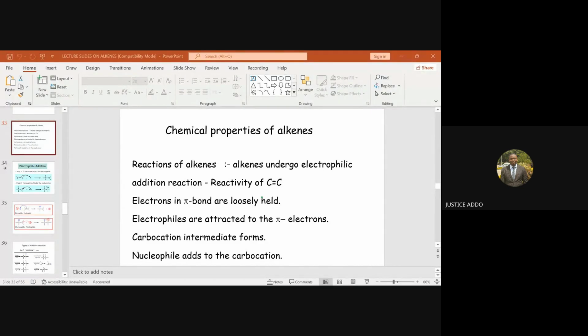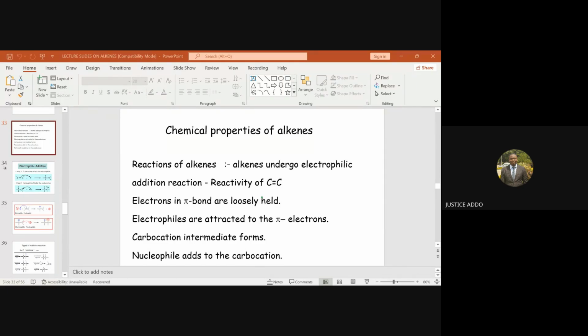So for alkenes, the typical reaction that alkenes undergo is electrophilic addition reaction. When we say electrophilic, from the word electrophile, that is a species that is electron deficient, it can be added to an alkene because the alkenes themselves are nucleophilic.